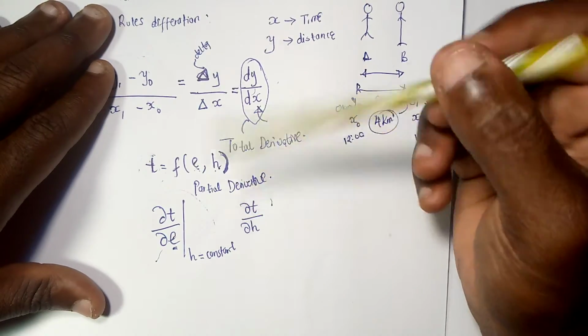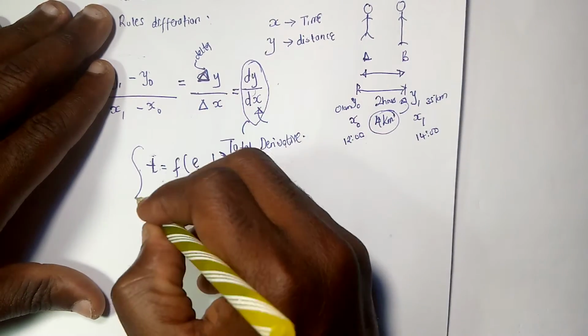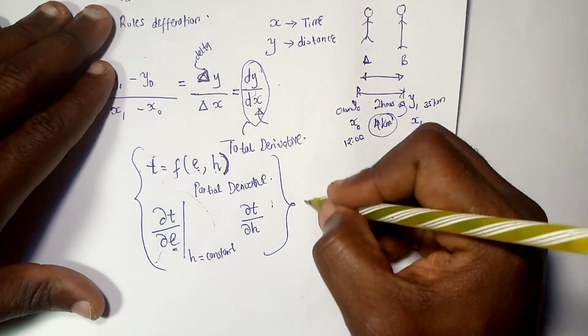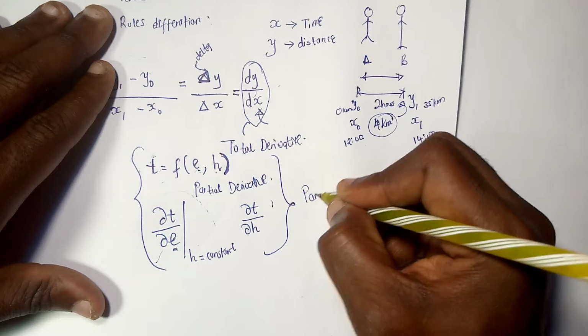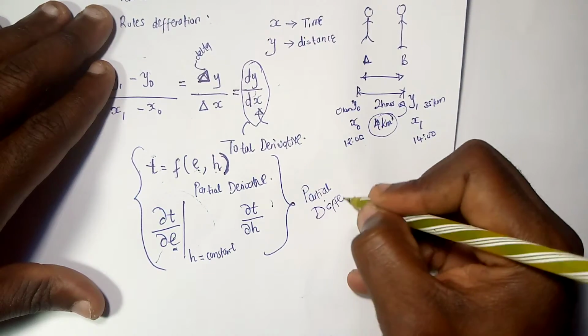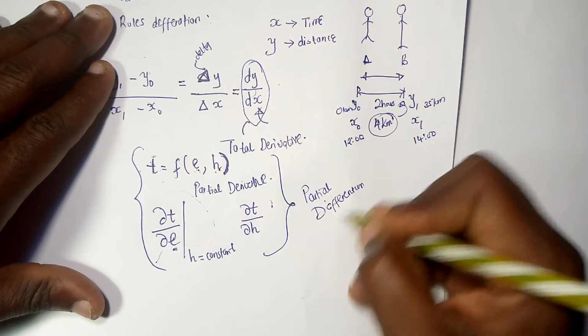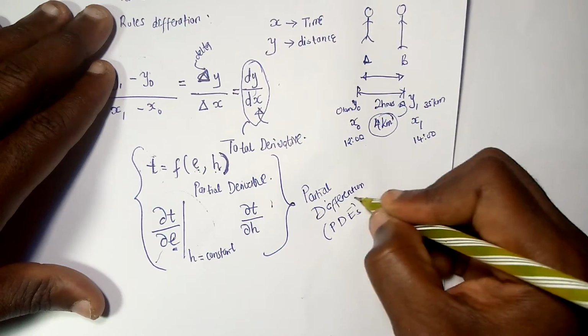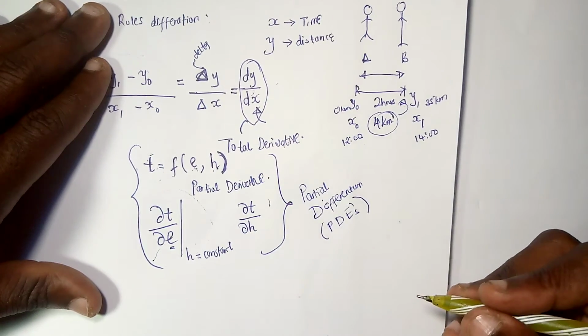Now, these ones, we are not going to cover them in this calculus one, all right? We are going to cover them in a unit known as partial differential equations, which is going to be covered later, PDEs. This is partial differential equations, which are PDEs.